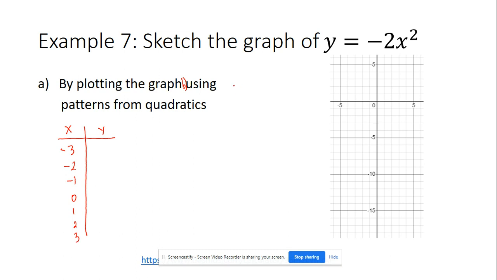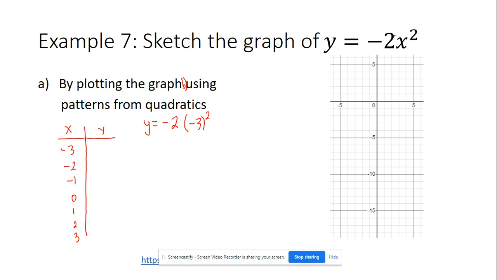Okay. So if I go y = -2x², I'm plugging a -3 into that. So it's going to be -2 times (-3)². The thing we need to remember is that this squared is being applied to this x. It's not being applied to the -2, because there are no brackets around the -2 and the x. So this squared is only being applied to this.